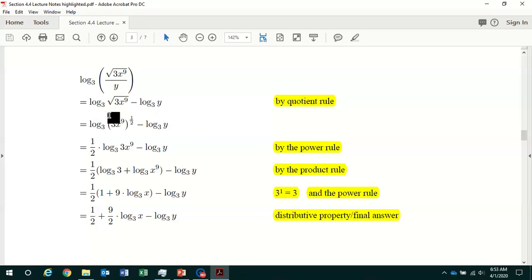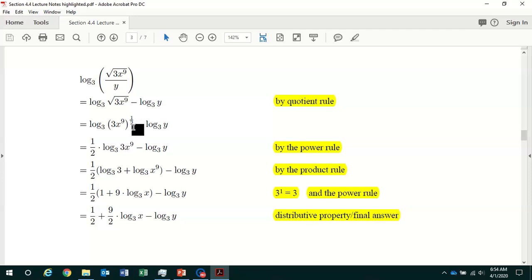So we have log base 3 of the square root of 3x to the 9th minus log base 3 of y. Now, whenever you take the square root of something, that's the same as raising it to the 1/2 power. And so the square root of 3x to the 9th is the same as 3x to the 9th raised to the 1/2 power.